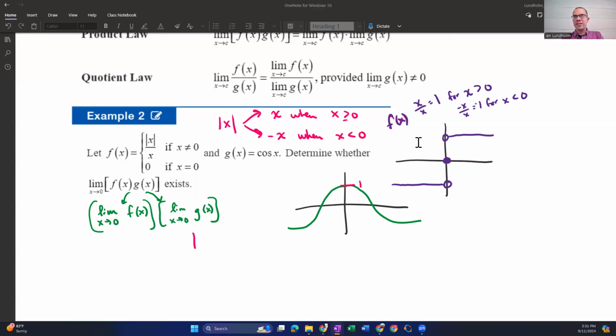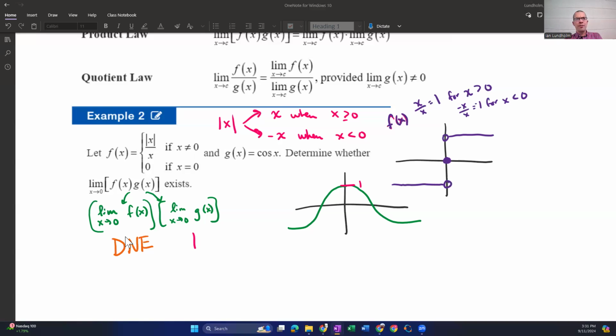But for this other, purple function, f of x, this mess, notice how the left-hand limit does not match the right-hand limit, and neither of those match the function value. That doesn't matter too much, but mainly the left-hand limit doesn't match the right-hand limit. And yeah, this limit doesn't exist. So this one doesn't exist.